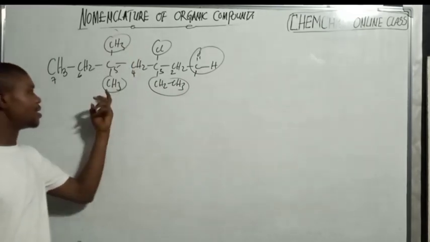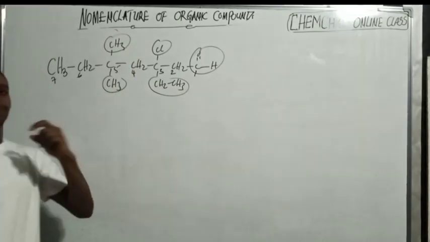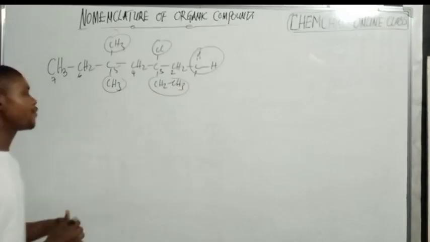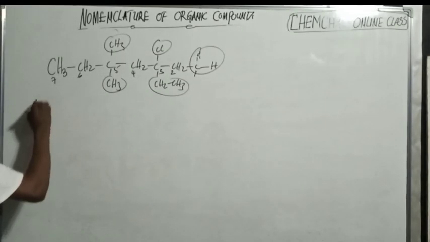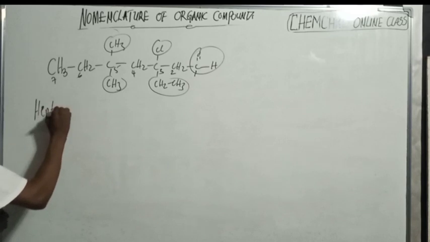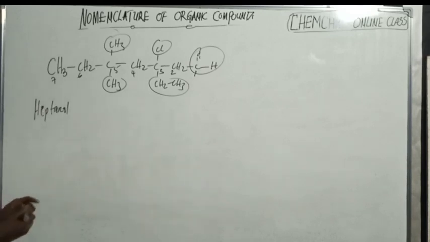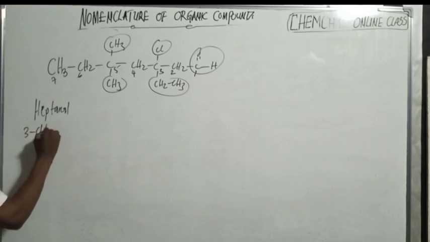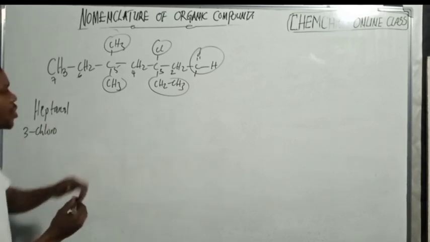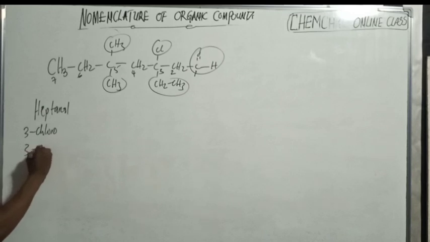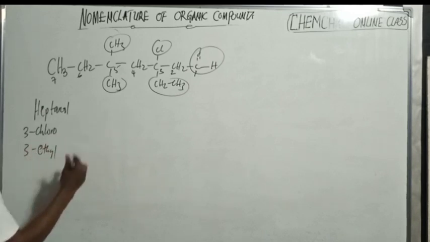Then you can see that this compound contains 2 methyl groups. So the parent is called heptanal, right? Now I can number 3 to have a chloro. So here we have 3-chloro, right? There are 3-ethyl.